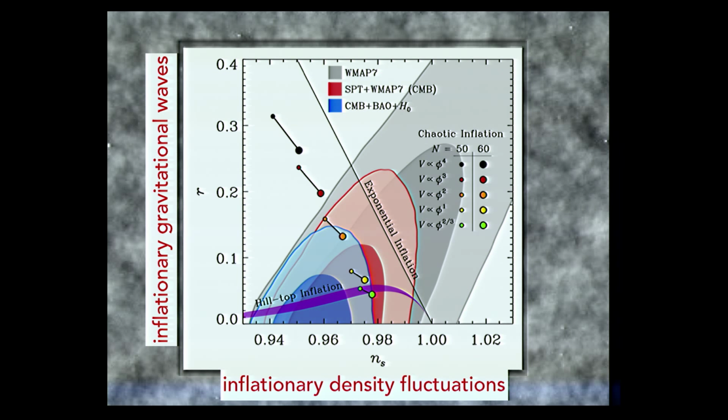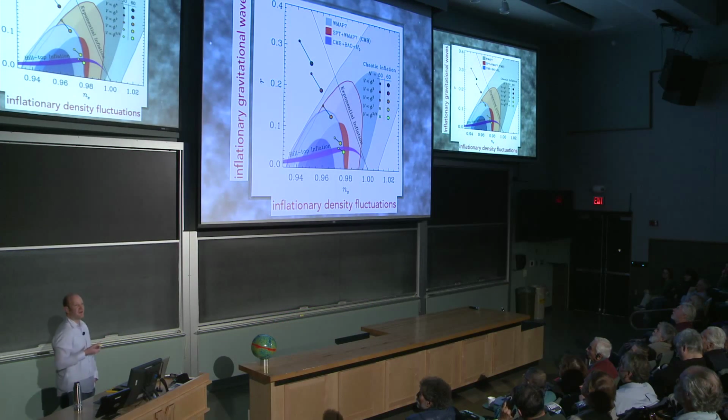Now, there are a bunch of dots back there, and those are different models that people have come up with that seem perfectly reasonable. And the great thing is that if you look at the black dots, there's no way that's happening. And so that's a model where you take perfectly sensible physics, you can almost explain the whole universe or the beginning of the universe, and now you can completely rule it out.